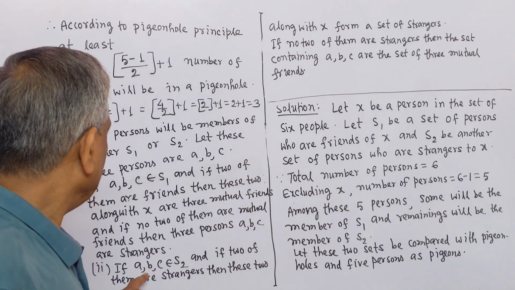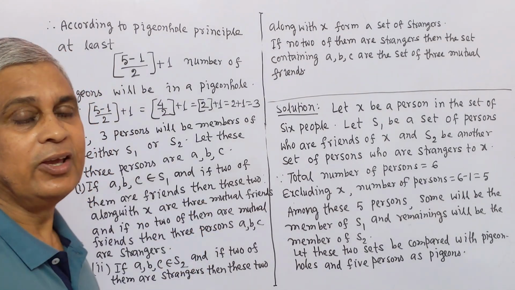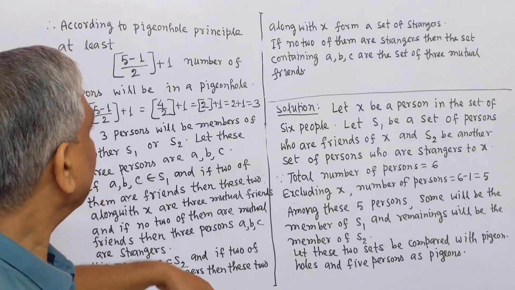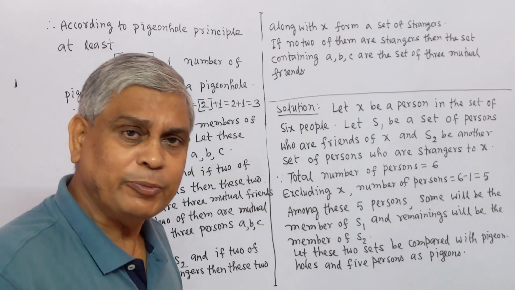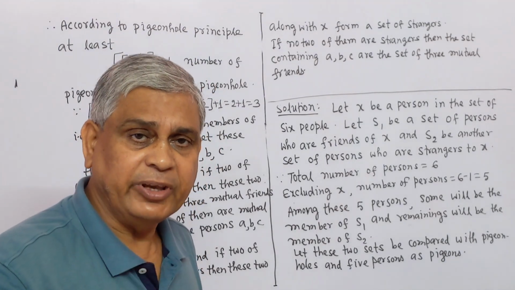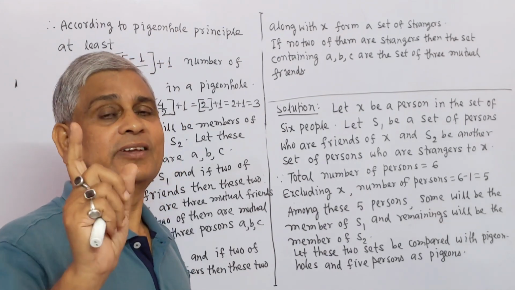If no two of A, B, C be strangers, then they are three mutual friends. Therefore, the set containing elements A, B, C be a set of three mutual friends.